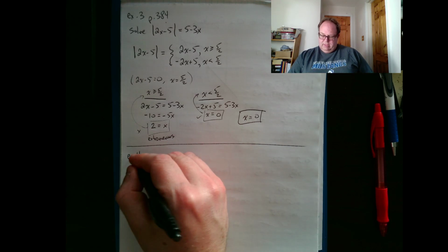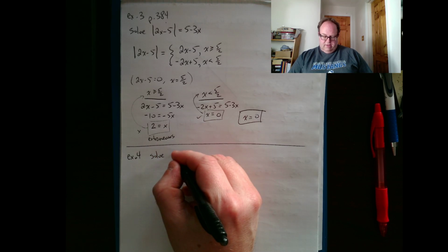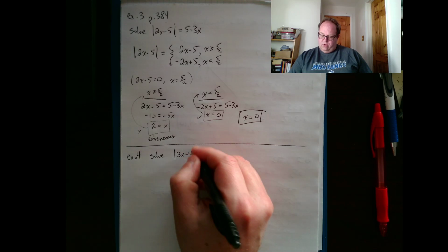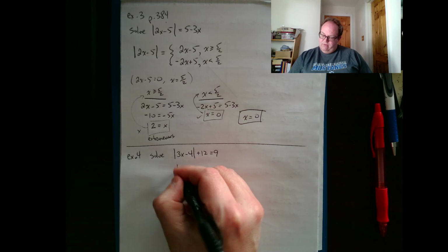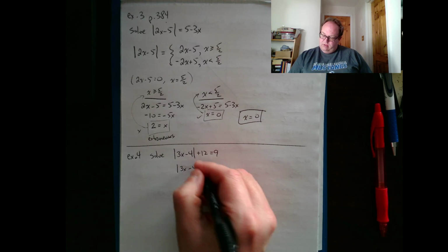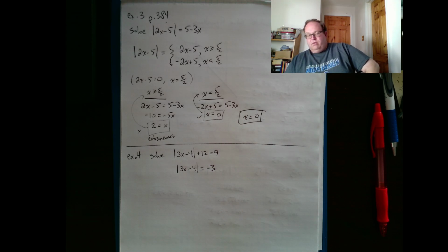Now, it can be a little easy to overthink these sometimes. So let's take a look at this. Solve the absolute value of 3x minus 4 plus 12 equals 9. If I get that absolute value by itself, by subtracting 12 from each side, you get the absolute value of 3x minus 4 equals negative 3.